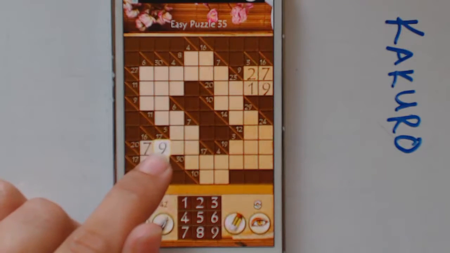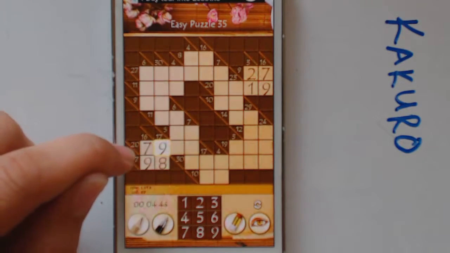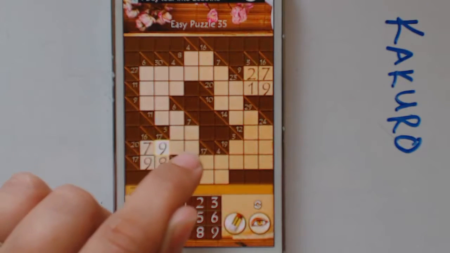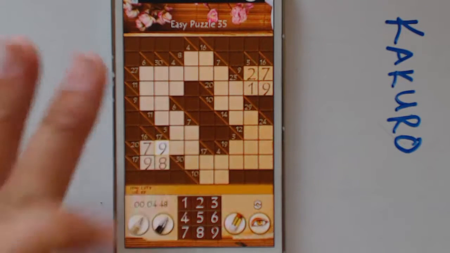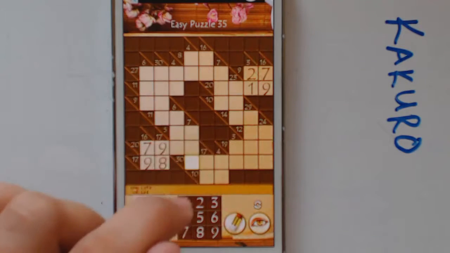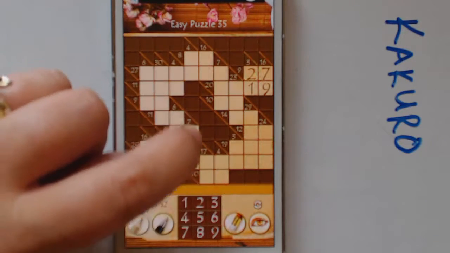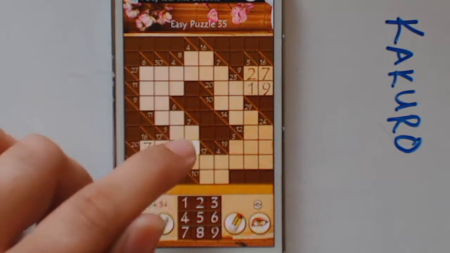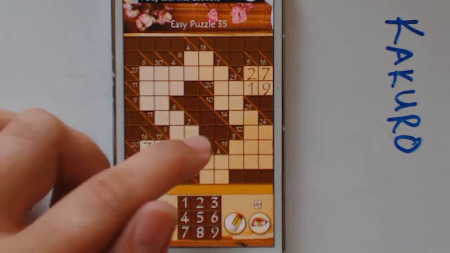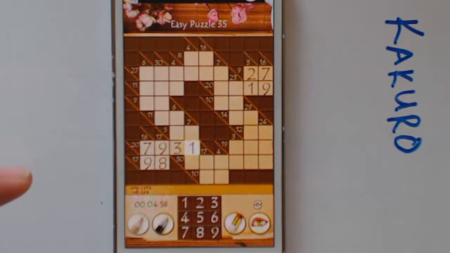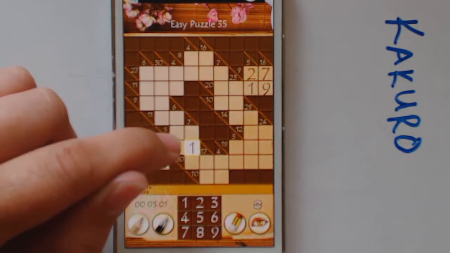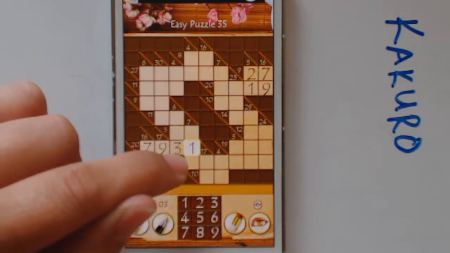So this is now 16 and I want 20. So these two must add up to 4, which is 1 and 3. But the 7 consists of 1, 2, and 4. It doesn't have a 3 in the combination, which means that's 3, that's 1. Okay, and this should be 1, 2, 3 that makes up the 6.